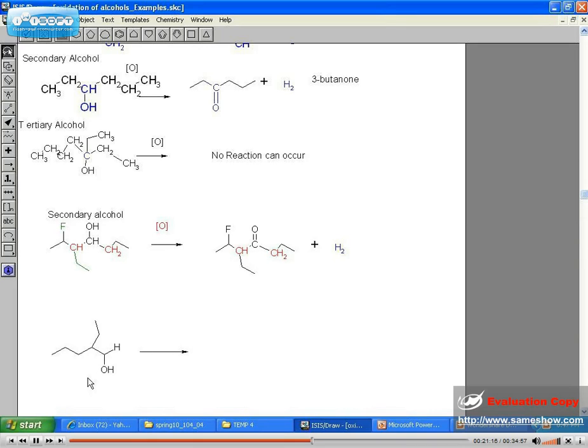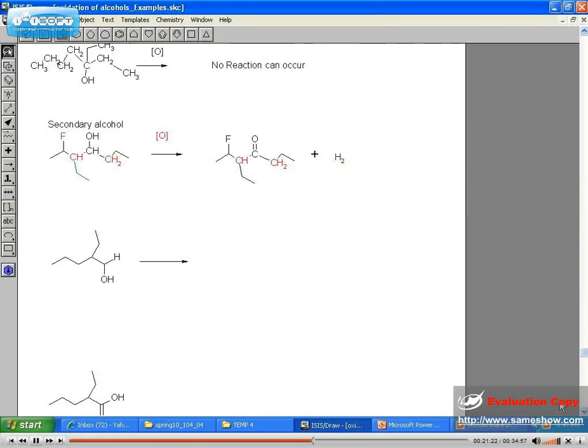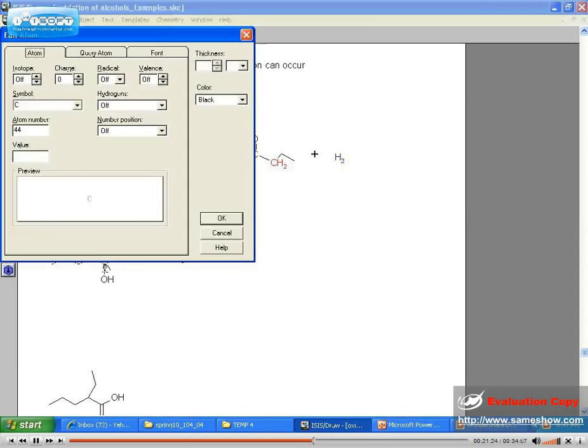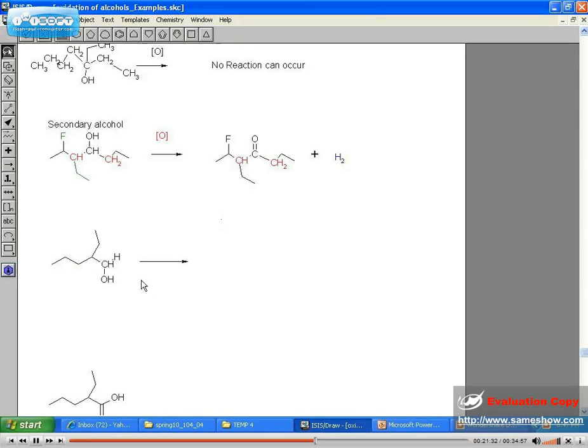Let's go to the next one down here. This is an example of a, let me go ahead and show you everything. So yeah, even though I have it written to the side like this, this is an example of a primary alcohol.